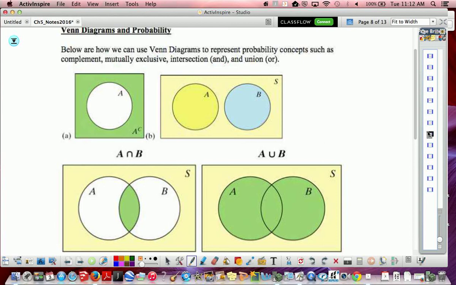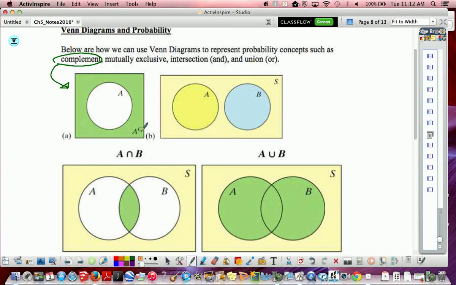First, the first diagram goes with the complement. Notice you have a circle representing everything that happens for event A. The shaded green area here says A to the C power. That's the symbol notation for complement, or we can think of the complement as not A, everything that's outside of A.